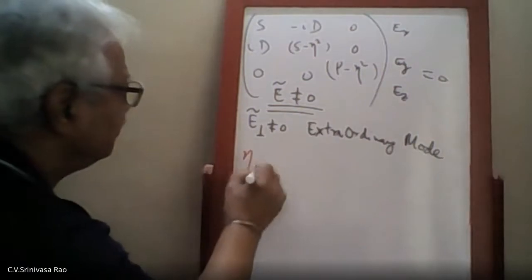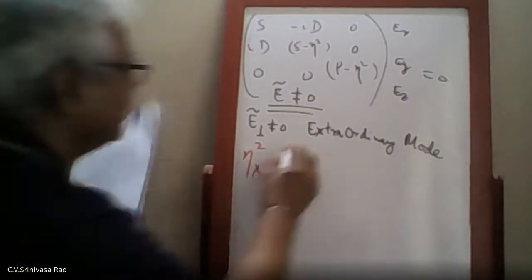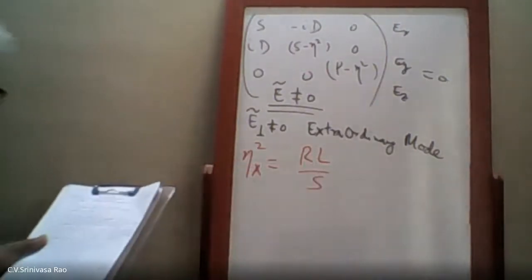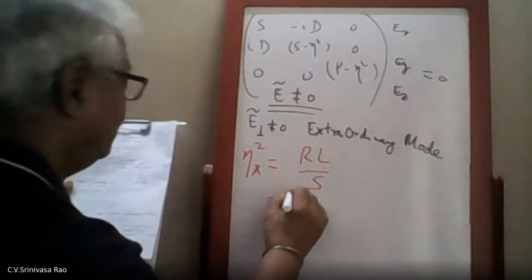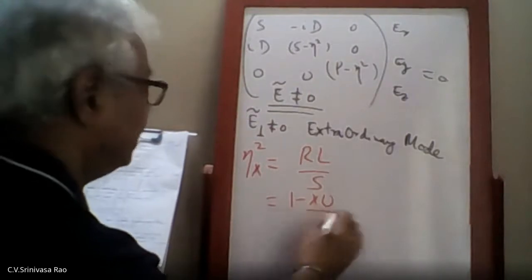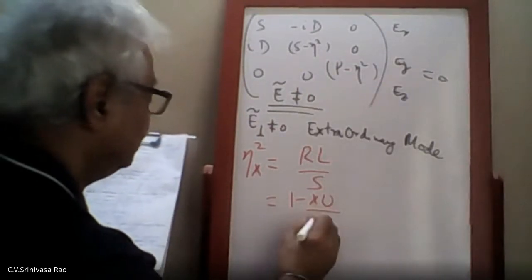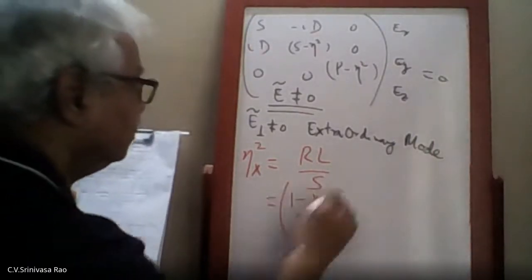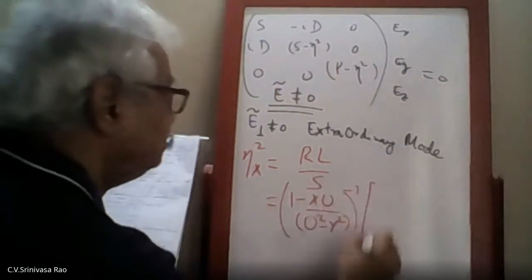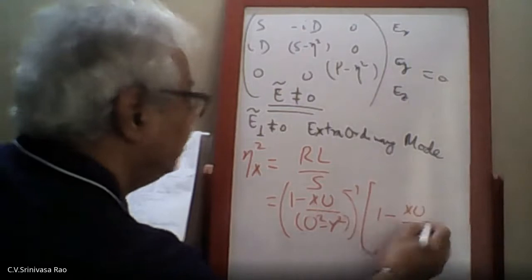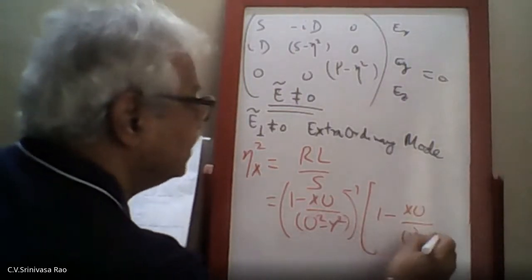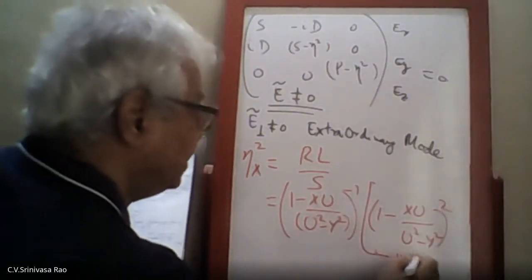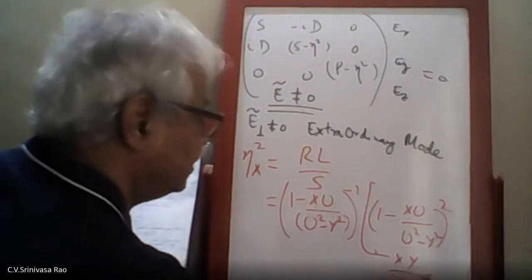So the dispersion relation we can write down as RL by S. So basically you have to substitute these values, which is 1 minus xu by (u square minus y square), whole to the power of minus 1, times 1 minus xu by (u square minus y square), whole square, minus xy by (u square minus y square).